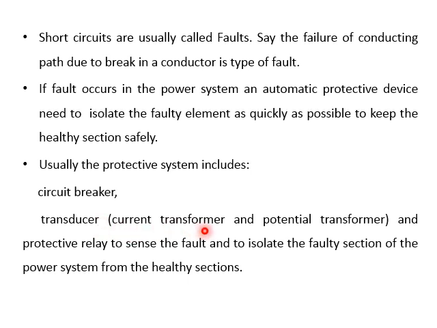So it is a current transformer and a potential transformer, and a protective relay to sense the fault and to isolate the faulty section of the power system from the healthy section. So basically a relay is a protective device which is going to sense the fault or the abnormal condition, and it is going to alarm the circuit breaker to trip the circuit, making sure that the healthier part is safe.